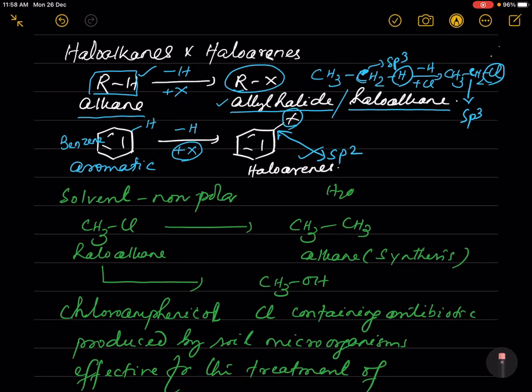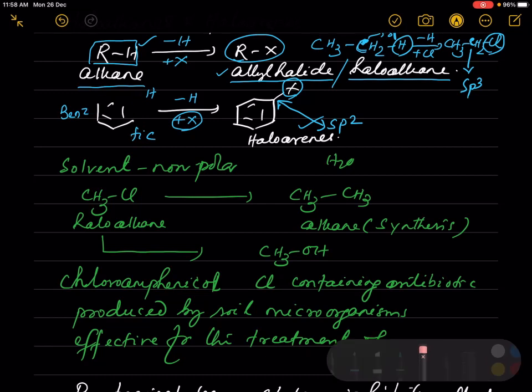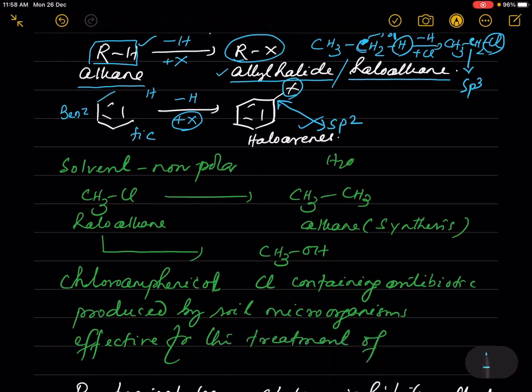Next, haloalkanes contain halogen atoms attached to sp3 hybridized carbon atom of an alkyl group, whereas haloarenes contain halogen atom attached to sp2 hybridized carbon atom of an aryl group. This part is known as an aryl group.